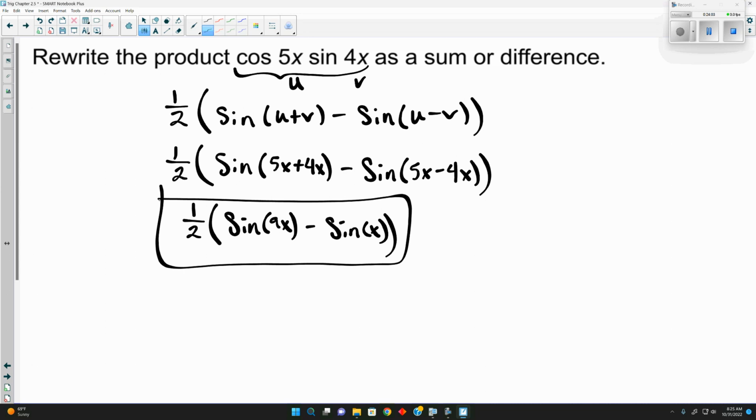That's it. If we wanted to, we could take it a step further and say 1/2 sine of 9x minus 1/2 sine of x. I don't think that's any simpler, any different. It's the same thing. But that's it.